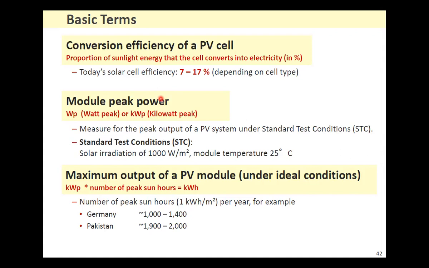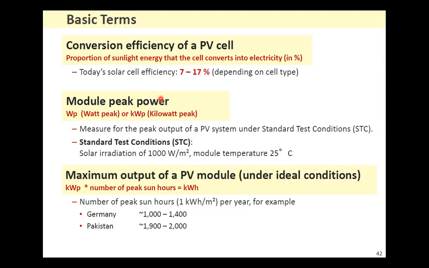As I told you in the previous lecture, I showed you a patch of land which was a meter square patch of land, and I told you that you are receiving 1000 watts on this meter square at an instant.